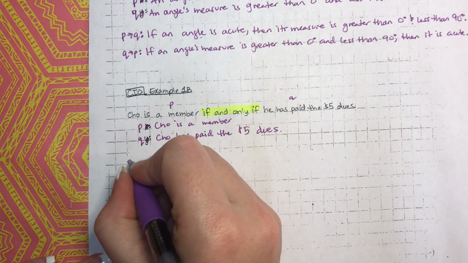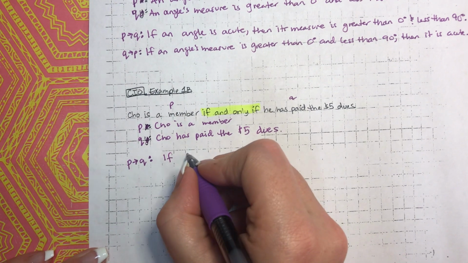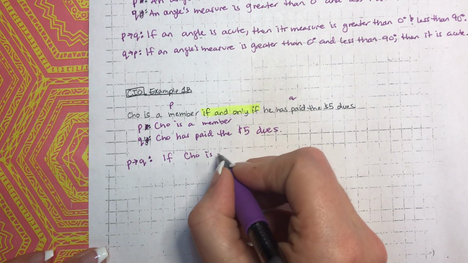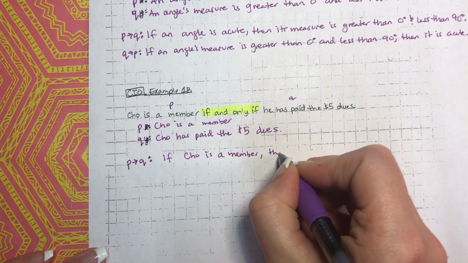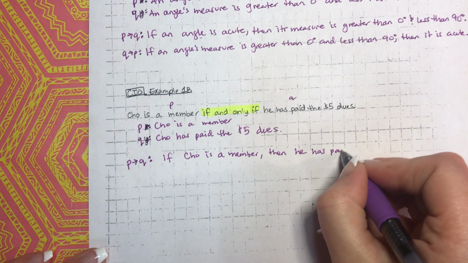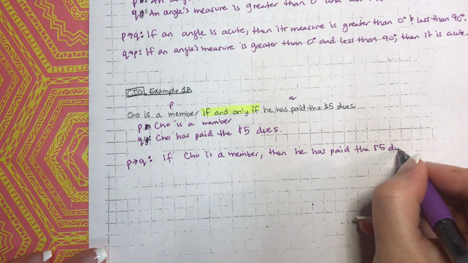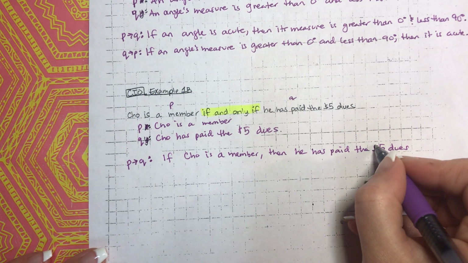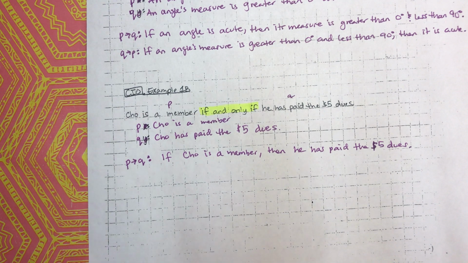Awesome. Let's go ahead and write that conditional statement. If Cho is a member, then he has paid the $5 dues. That's a really terrible money sign. There we go, a little better. Okay, that's the conditional. If you got that right, awesome.